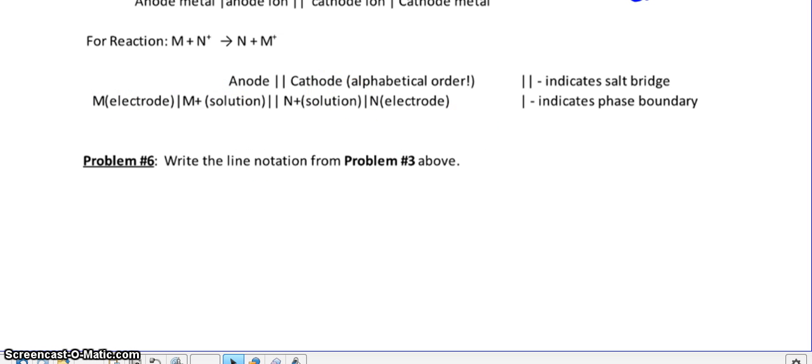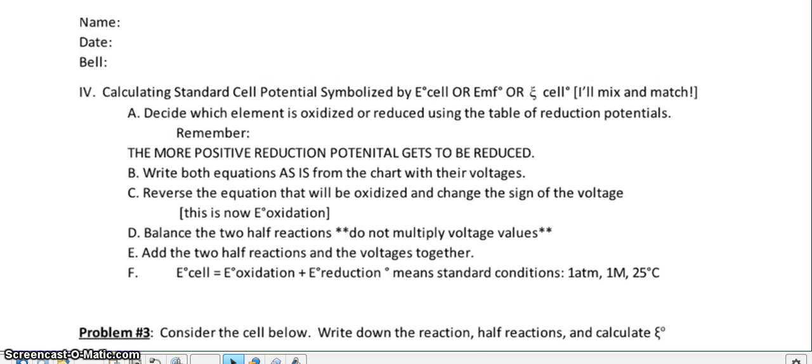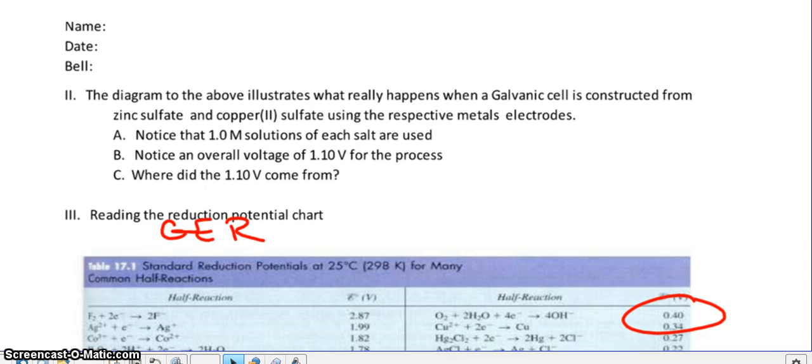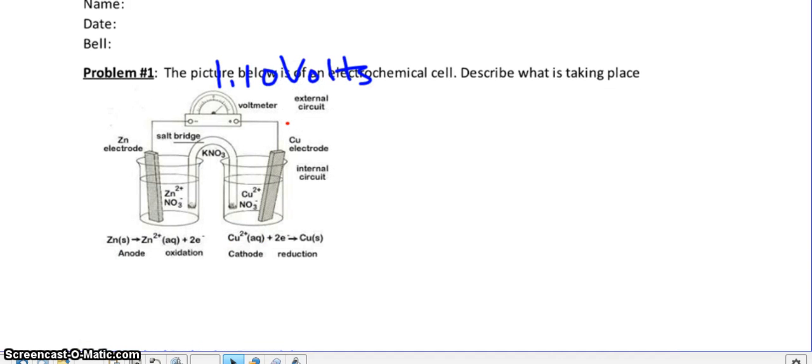So it says write the line notation for problem 3 above. That was our zinc and our copper problem. So which one was the anode and which is the cathode? That's what we need to go back and look at. So over here, our anode is our zinc.